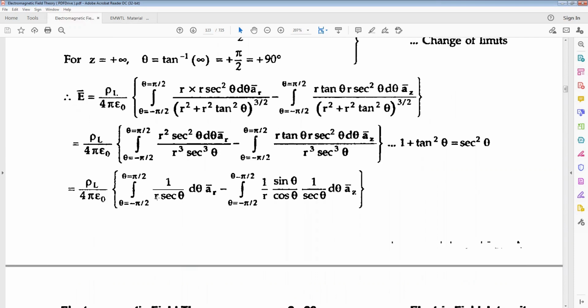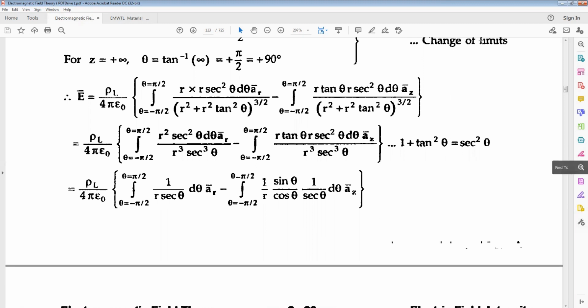And theta is equal to 1 by r secant theta, nothing but cos theta. Similarly here also, sin theta by cos theta is tan theta, and 1 by secant is cos theta. Cos theta gets cancelled. Integral of sin theta is minus cos theta. We can substitute the limits plus pi by 2 to minus pi by 2.